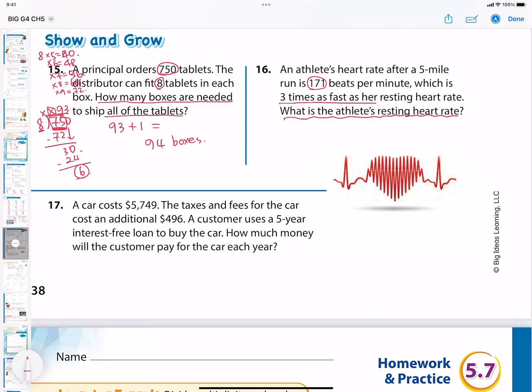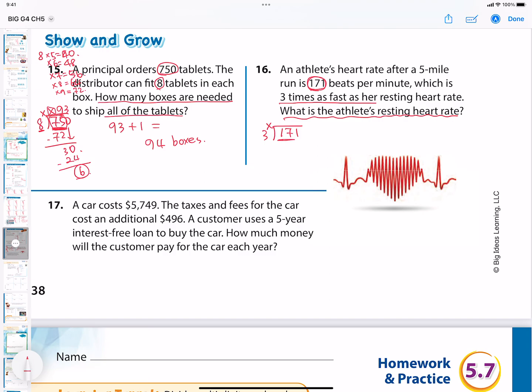When the athlete runs for 5 miles, this heartbeat is 3 times faster than her resting heart rate. So what is the athlete's resting heart rate? You need to divide, because we know this 171 is 3 times greater. So for the resting time, you need to divide by 3.